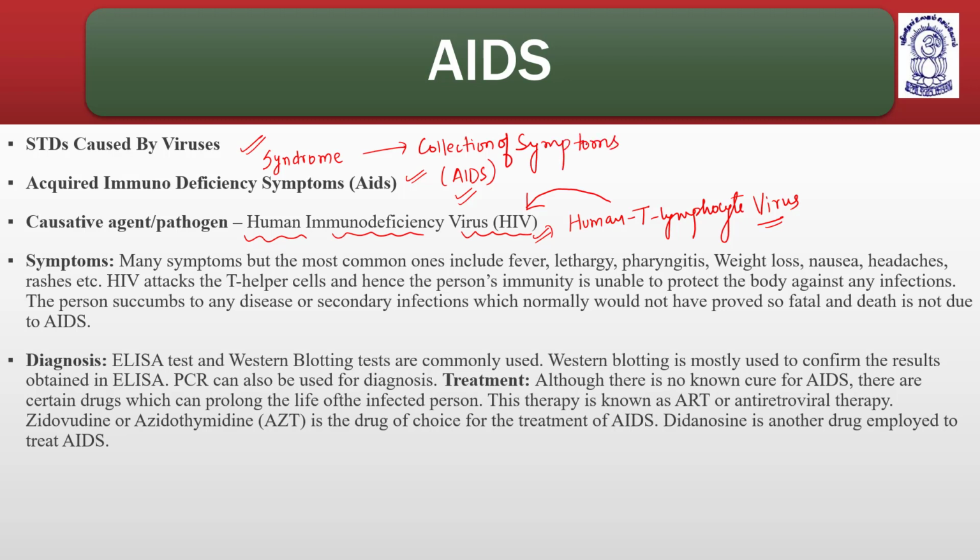In acquired immunodeficiency syndrome, a person suffers from a collection of symptoms, manifested by the occurrence of several opportunistic infections.